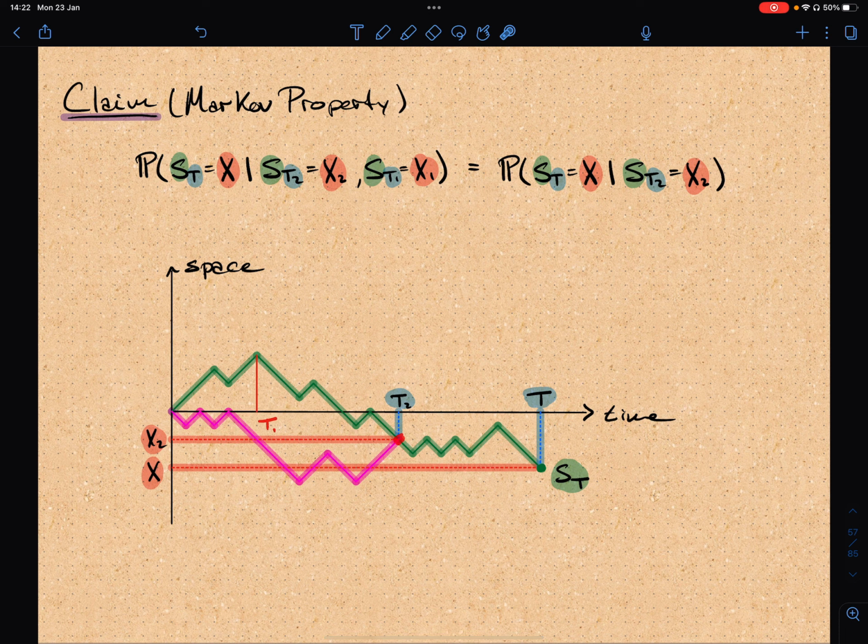The important part is that it goes through this point, and then what happens earlier in time doesn't matter. If it first goes through all this, it's not going to influence the probability from this point forward. So what this statement is telling us is that if we're conditioning on this event here, the probability of what's happening moving forward is independent of any event happening here. So this is going to be the Markov property.